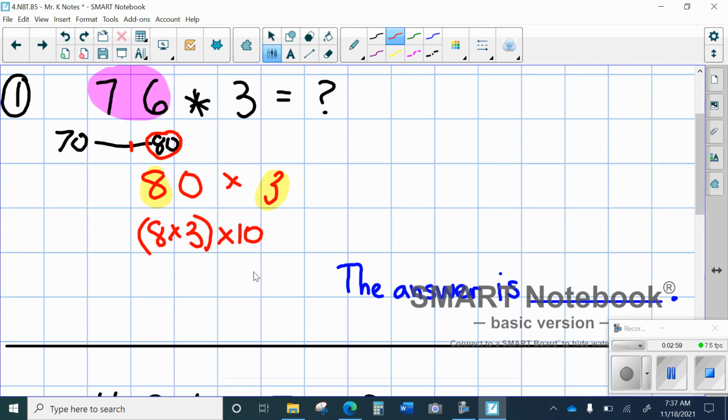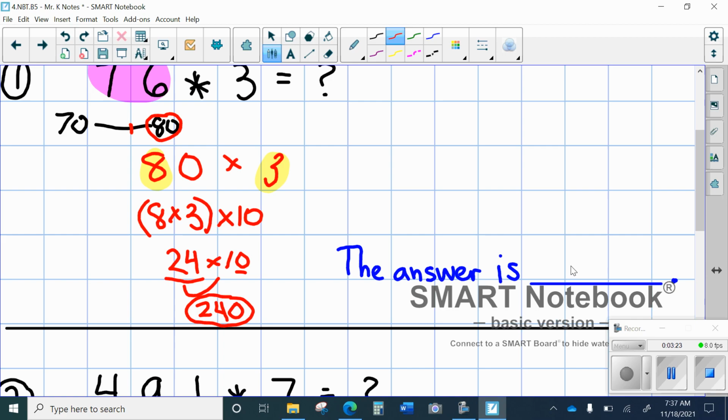8 times 3, we should know, is 24. And then 24 times 10 is as simple as 24 times 1, which is 24, and then we have the 0, and that's our answer.